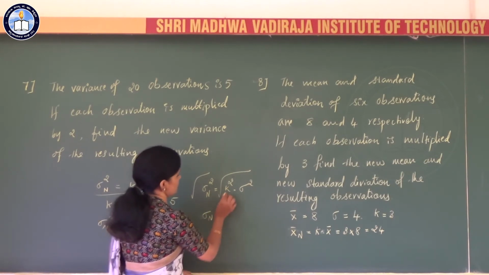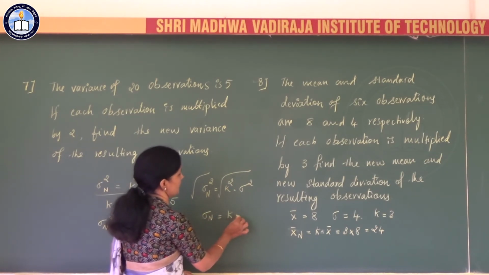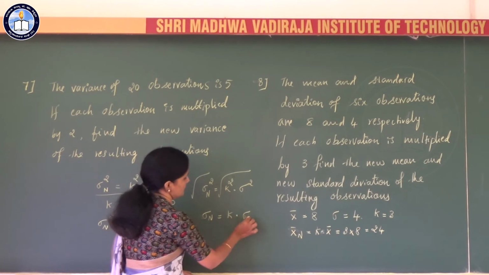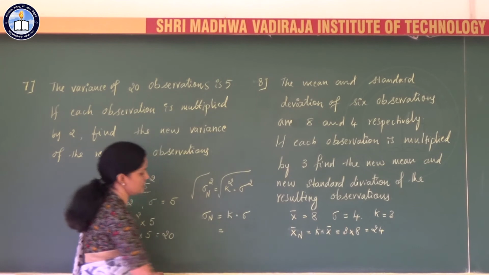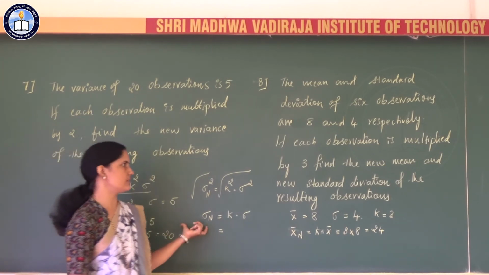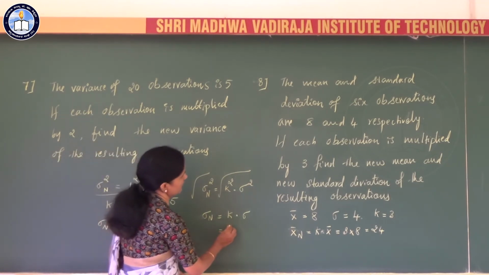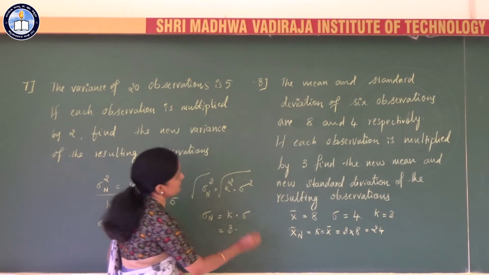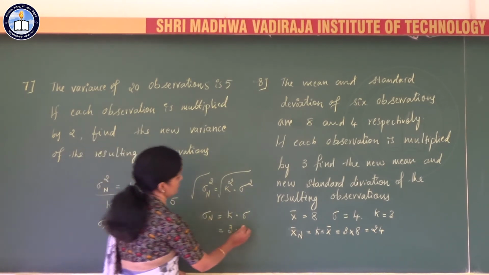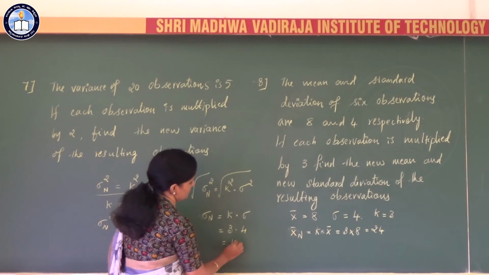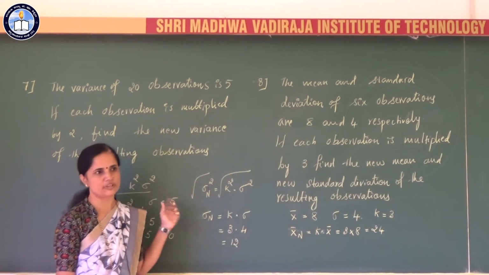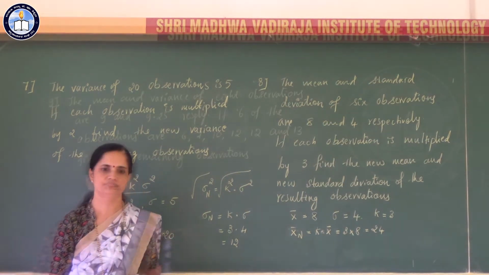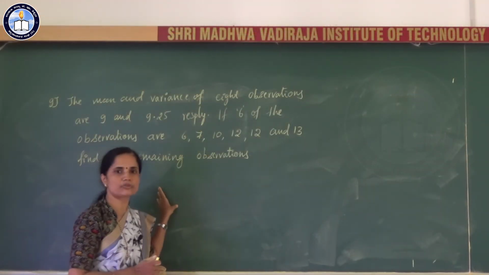The new standard deviation is equal to k into the original standard deviation. We may apply it to standard deviation also. Therefore, the new standard deviation, with k equal to 3 and the previous standard deviation 4, is equal to 12. This is how we can find the new standard deviation by using that general formula. So this is the question that I want to discuss last.